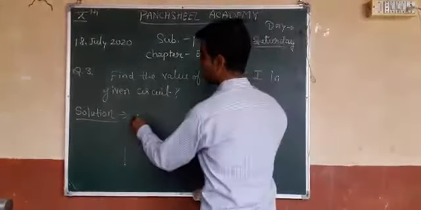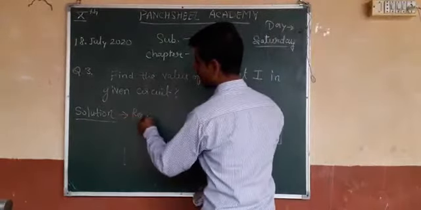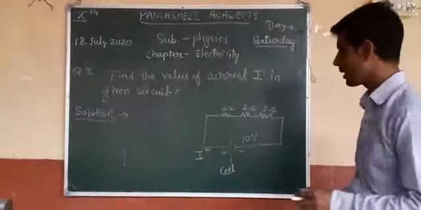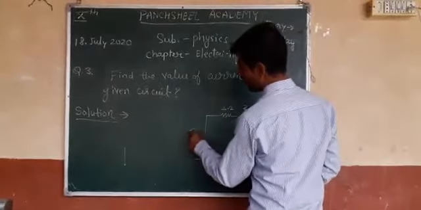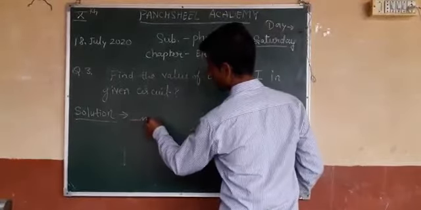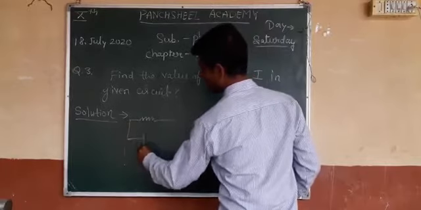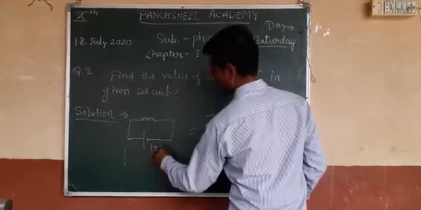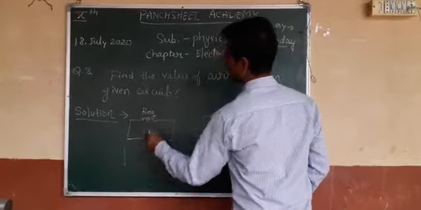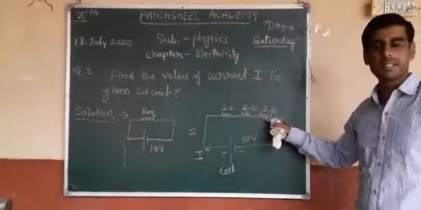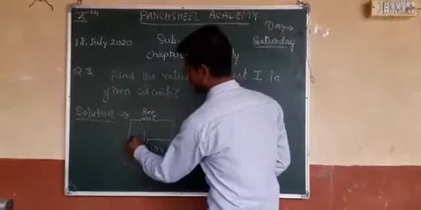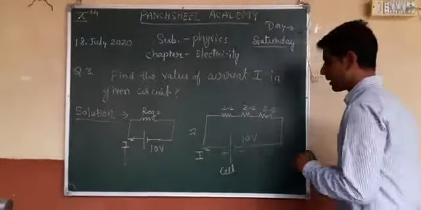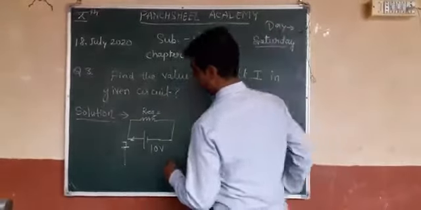So what is the series resistance? R equivalent. First of all I try to make an equivalent diagram for this. So this diagram is converted into this. Okay, this is the 10 volt and R equivalent. I resolve these three resistances in this manner and the current is I. So what is the value of R equivalent?